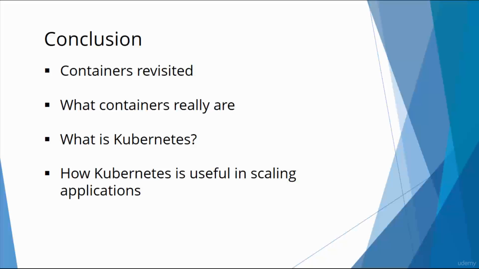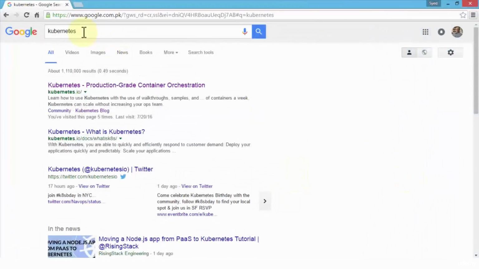Before I end this lesson, I'm going to go online and show you how to get to Kubernetes and what it looks like. So let me switch back to my browser here. Once I'm in my Chrome browser, simply Google Kubernetes, and the first link you'll see is the URL kubernetes.io.